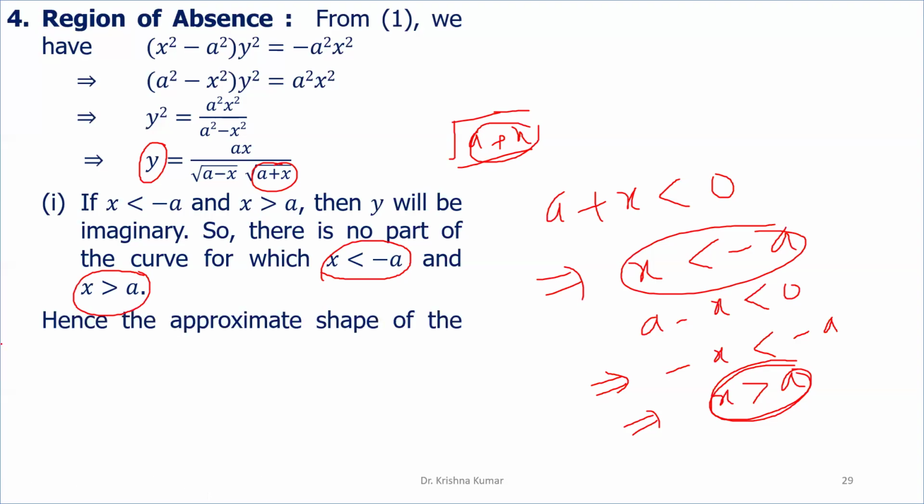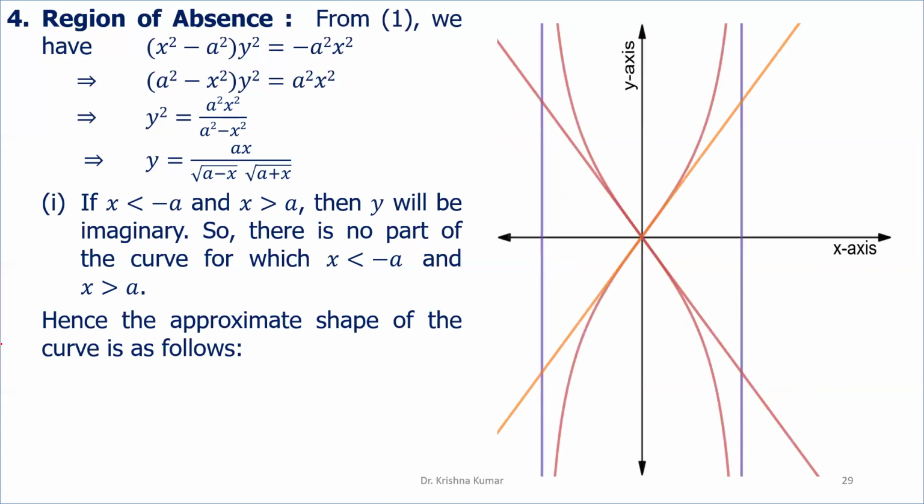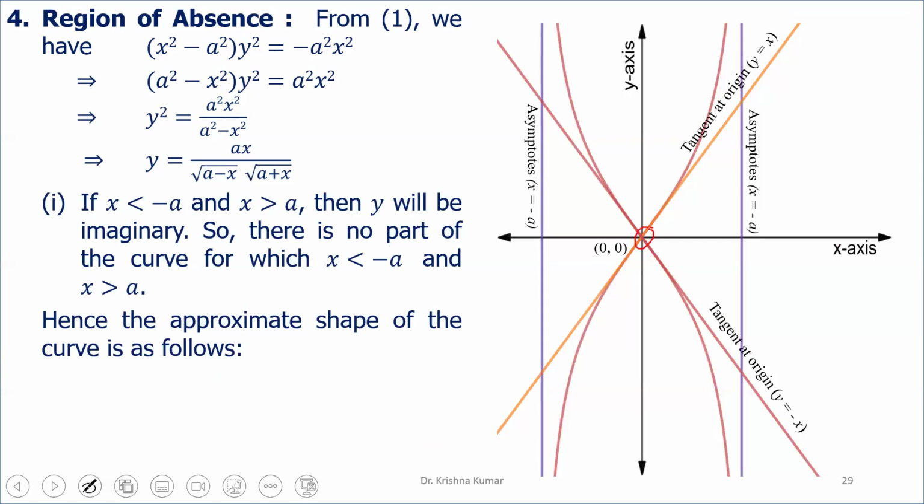Hence, the approximate shape of the curve is as follows. Now, let us describe it one by one. Since this is the origin, at the origin, what is the tangent?